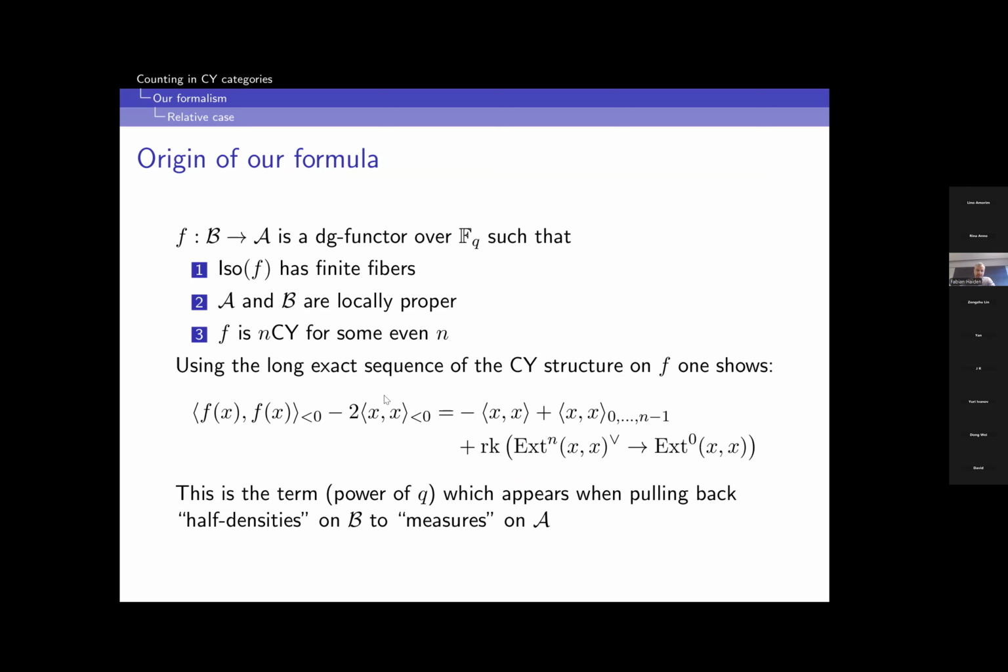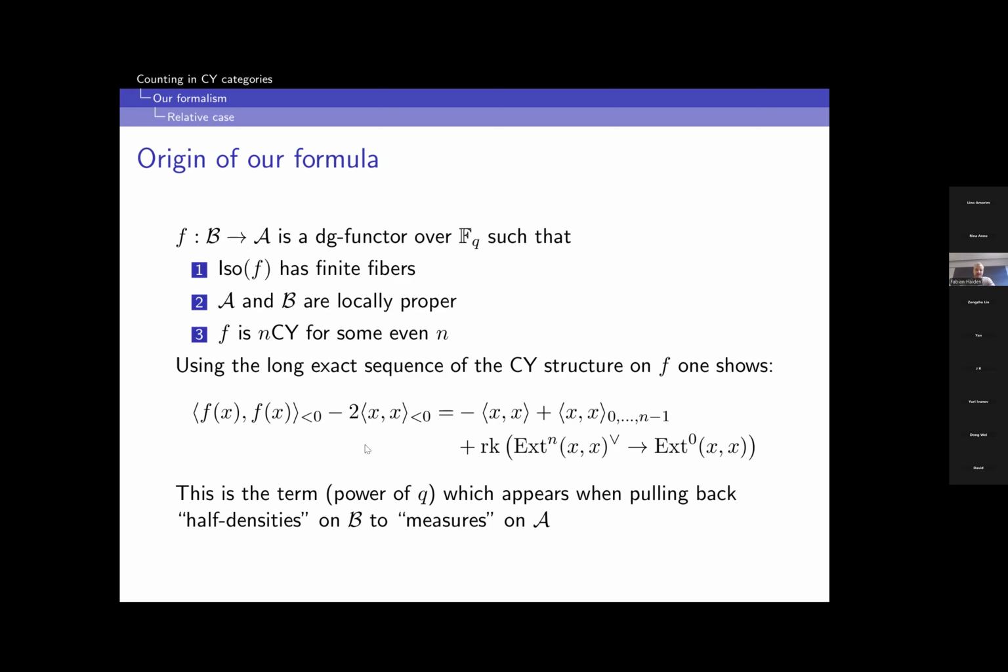And then this means this is exactly the term that appears when you try to pull back half densities on the space of objects on B, the target, to measures on A. I got A and B switched around. So you have half densities on the target and measures on A.